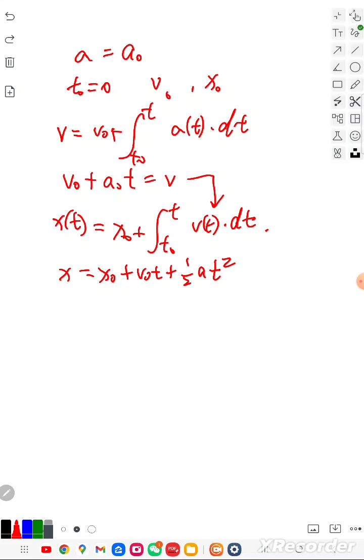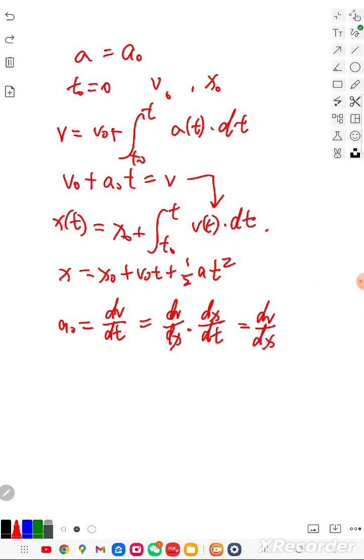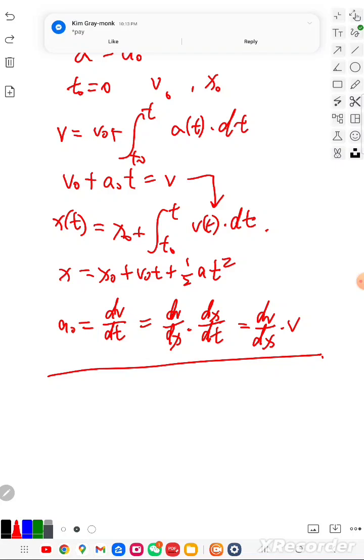And then we can use the derivative relationship that a0 equals dv/dt equals dv/dx times dx/dt, equals v dv/dx. And this is also very important. This substitution is frequently used in competition physics. We will see that a lot later on.